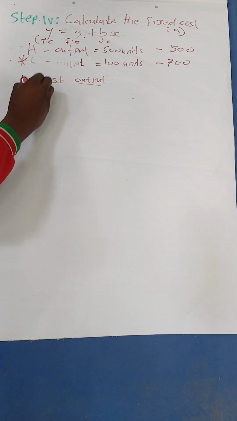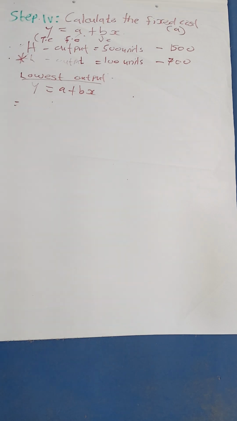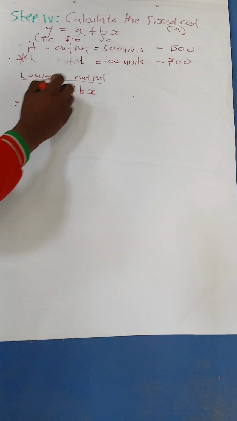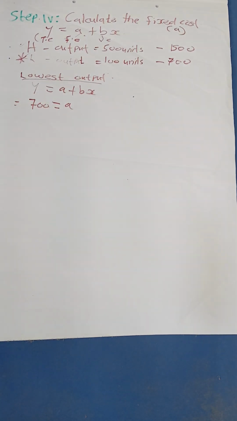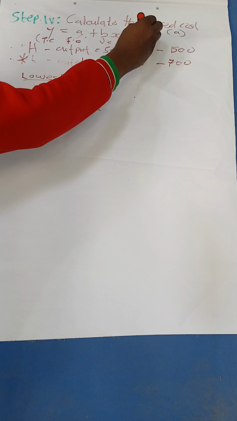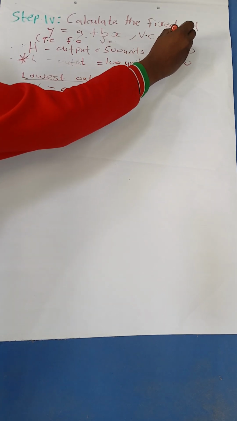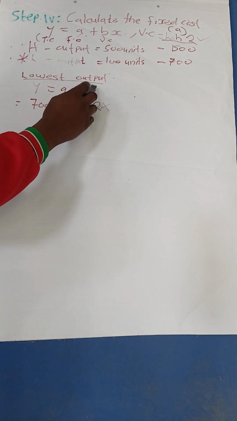Now, using the formula Y is equal to A plus BX, the total cost of these 100 units is 700. So 700 is equal to A, because A is the fixed cost we are identifying, plus B, the variable cost, which we got as 2 Kenyan shillings, multiplied by X, the units produced.